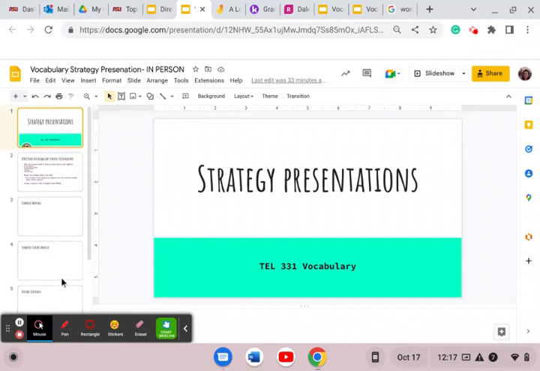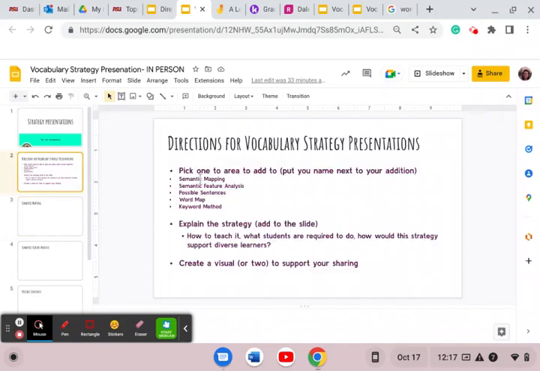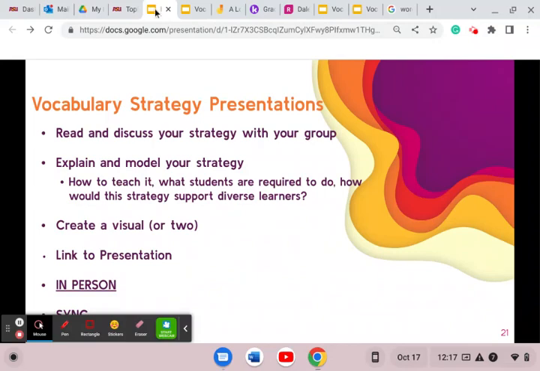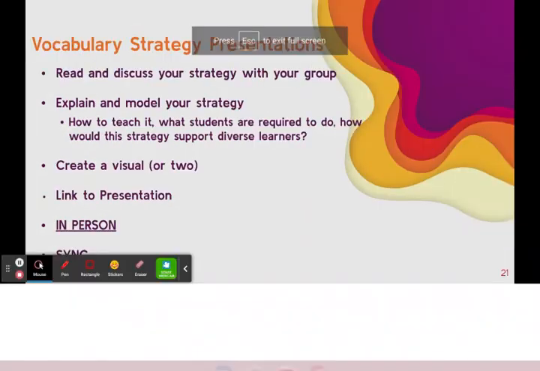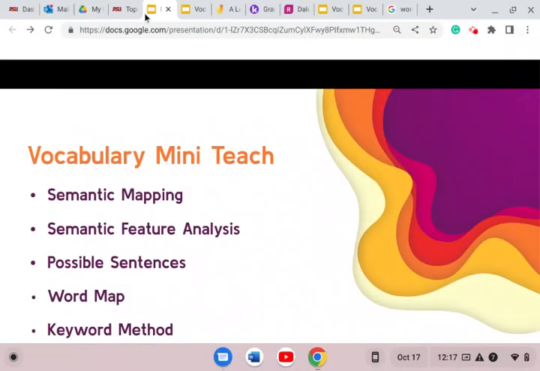We will look over this on Wednesday. So it's that simple. Nothing too crazy. Pick one of the slides, Google what that is, explain the strategy, add a visual. That's it. And then we'll have that little mini teach, and like I said, we'll go over it on Wednesday.